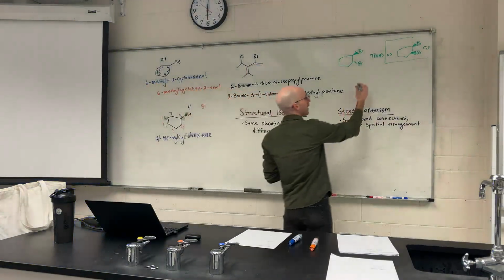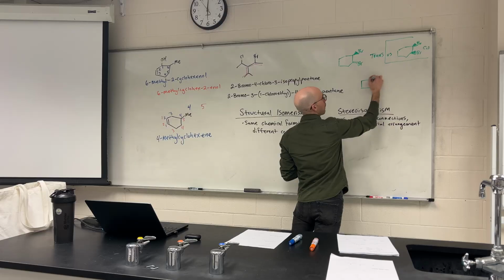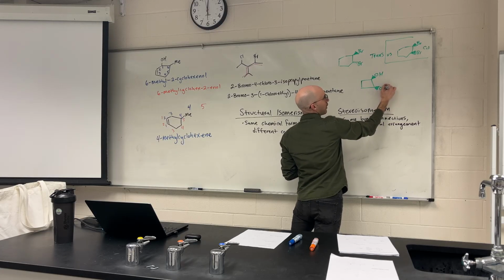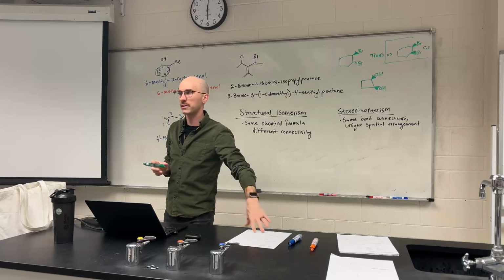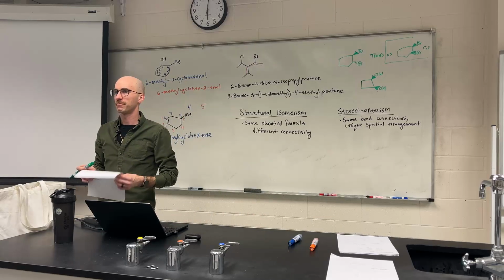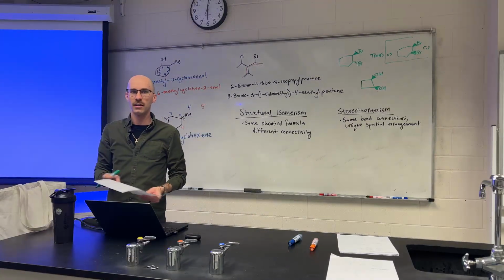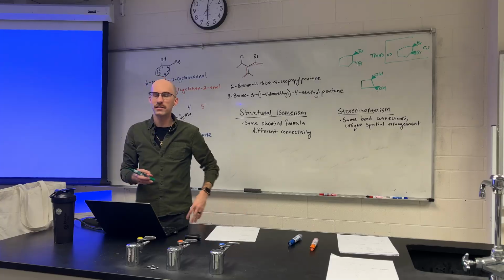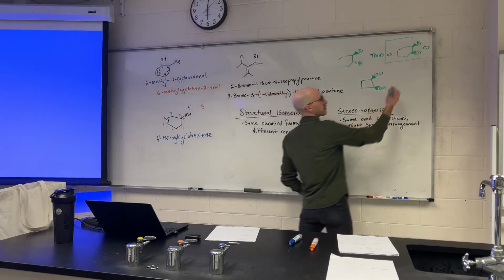So the second structure that we have, is this a cis stereoisomer or a trans stereoisomer? A cis stereoisomer. Can you draw a trans stereoisomer for this four-membered ring?